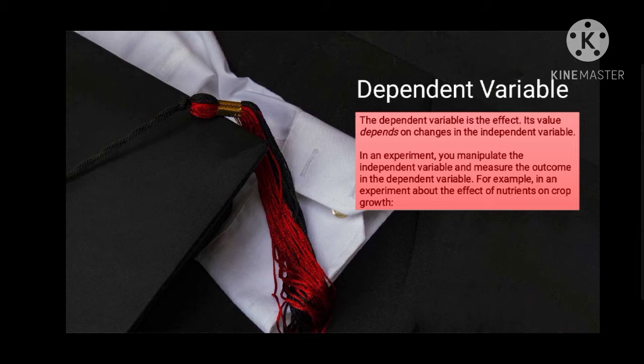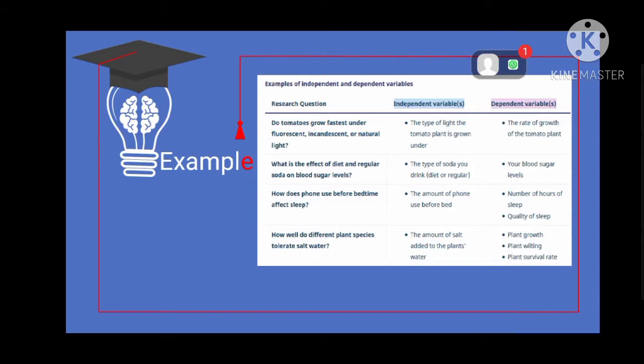For example, whether the amount is much or not will have a direct impact on crop growth itself, which is going to be measured by the experimenter.